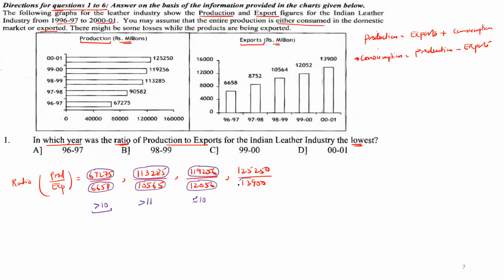Now here what you have is, let us say about 14,000. About 14,000. Okay. And I can say that it is less than 1,40,000. तो क्या है, पक्की बात है 10 से छोटा है, and काफी छोटा है for that matter. Yes, sir. So if I'm looking for the lowest ratio, tell me which ratio is the lowest ratio? Last one. Fourth option answer हो जाएगा. Yes, sir. Any doubts?